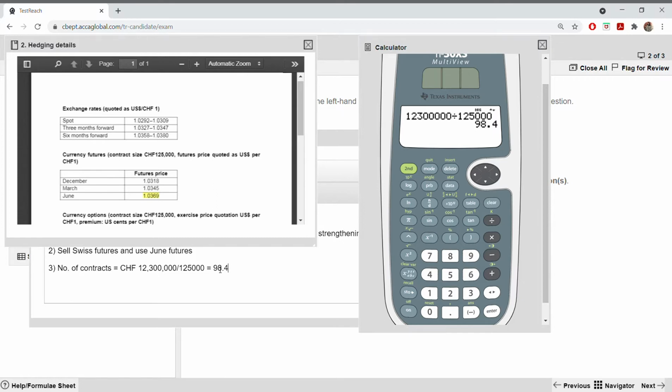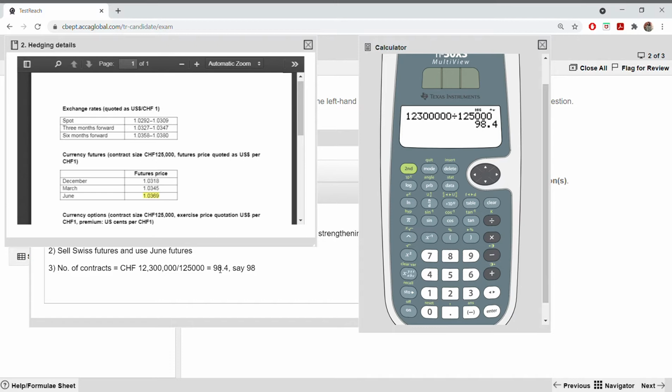98.4, but mind you, some of you, the moment you see 98.4 in the calculator, you don't write it in the answer. What you do is, equal to, you write the rounded figure, 98 contracts. Don't do that. You have to write the fraction. You have to write the decimal number, the actual number which you are getting. Don't straightaway write 98 without writing 98.4.